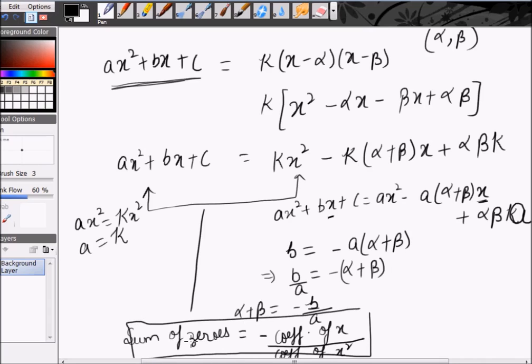Thus sum of zeros equals negative of coefficient of x over coefficient of x square, or simply alpha plus beta equals minus b over a.